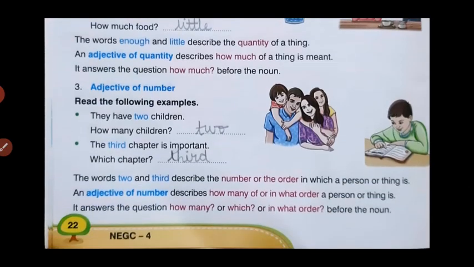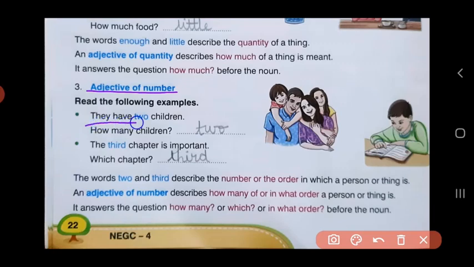Now let's see the third type. Adjective of number. In the first sentence, they have 2 children. How many children? The noun is children. The word before the noun is 2. So how many children? 2.